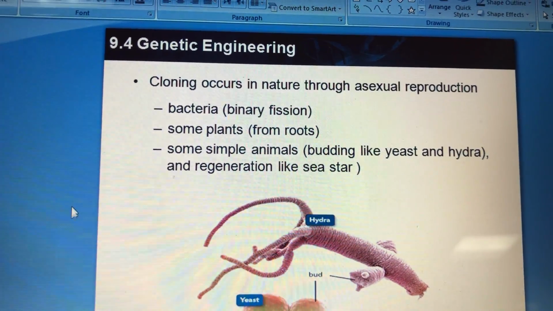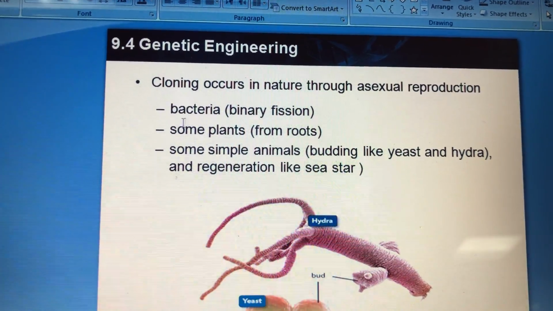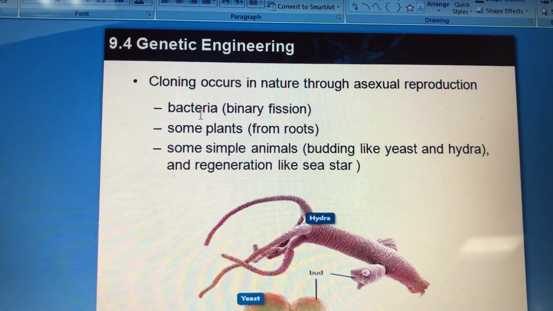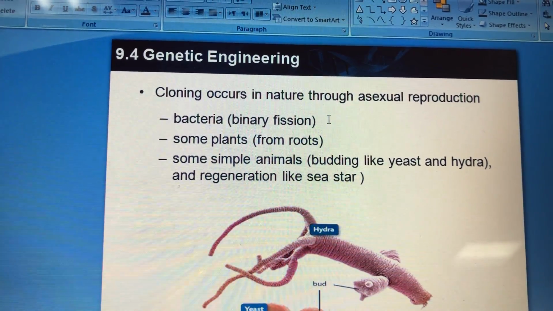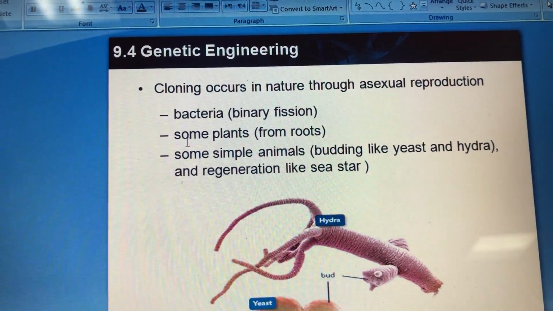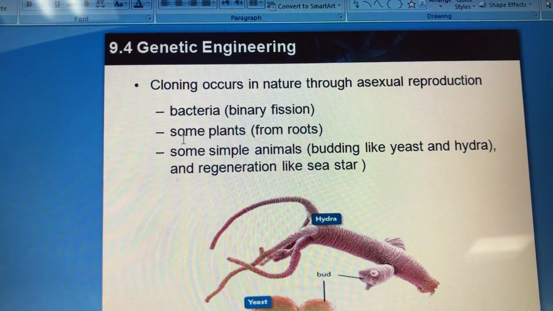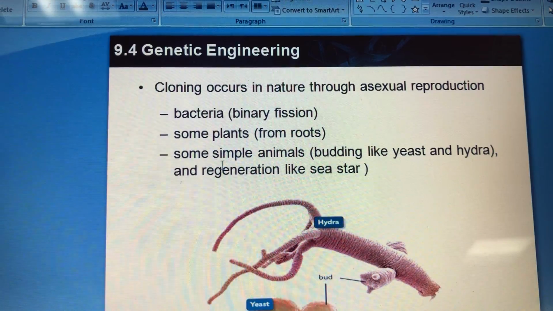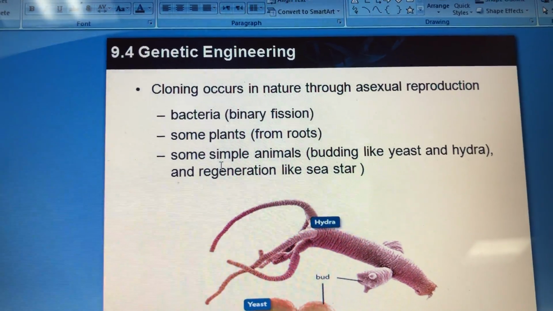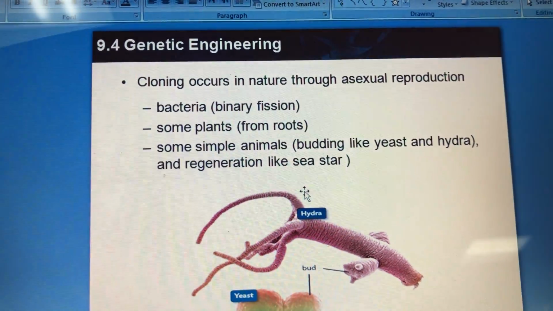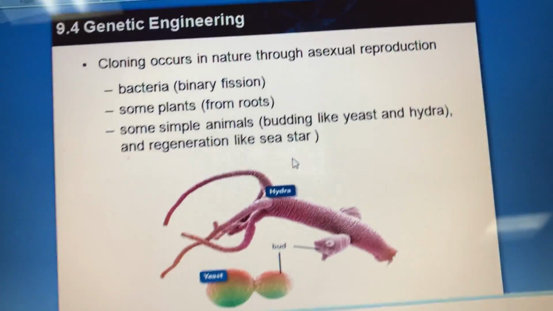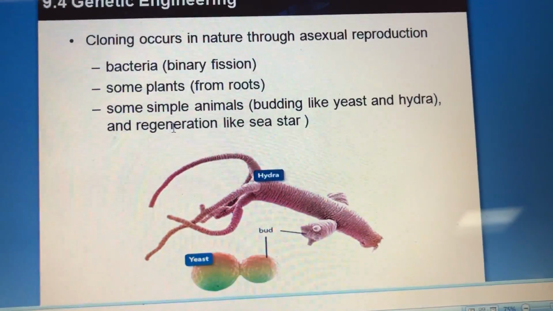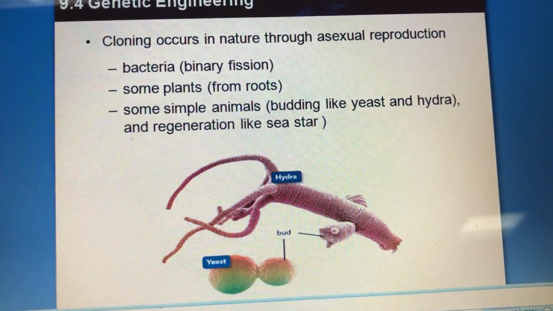That means some organisms like bacteria can clone themselves by nature because they divide by binary fission to produce new cells. And some plants also reproduce asexually from their roots. As well as simple animals like yeast and hydra, they can reproduce by budding asexually. And this is a type of cloning that happens naturally.